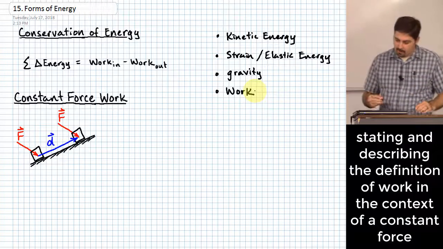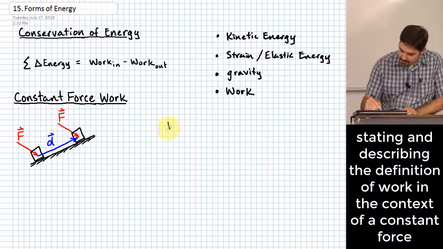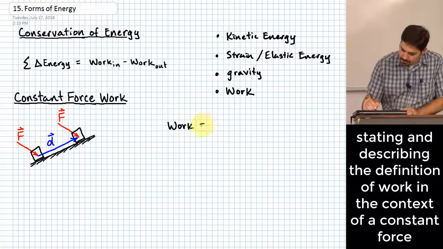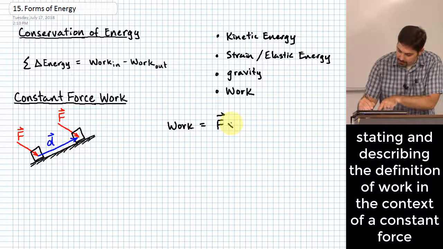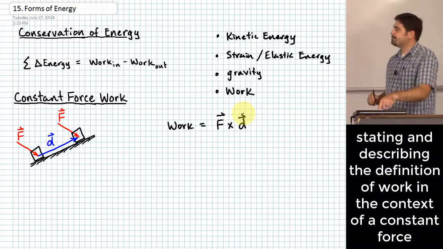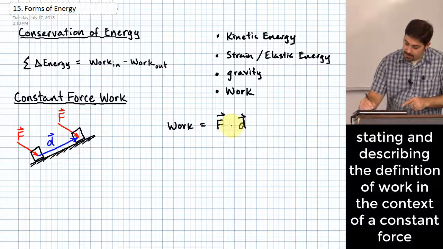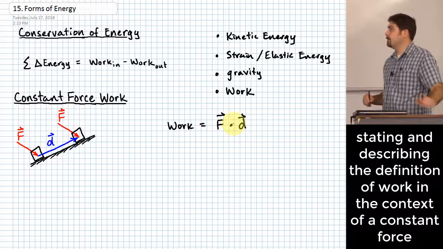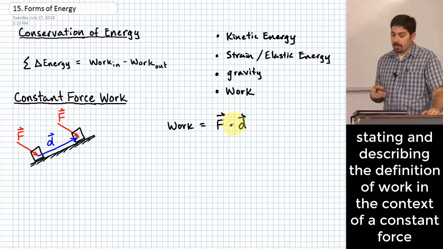Okay? And the way that we express that mathematically is that if you take, I'll just call this work, and if you take F and dot it into that D vector right there, not cross, I meant to say dot, excuse me. If you take the dot product of those two, that ends up giving you the amount of work that was expended by that movement.